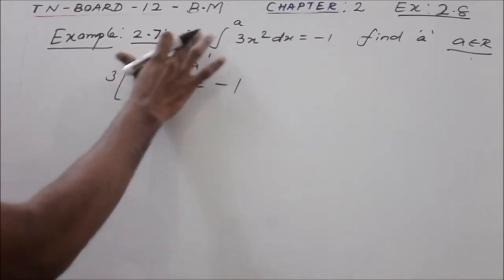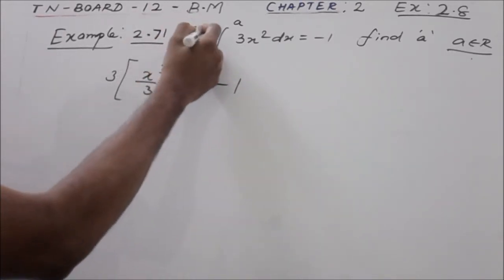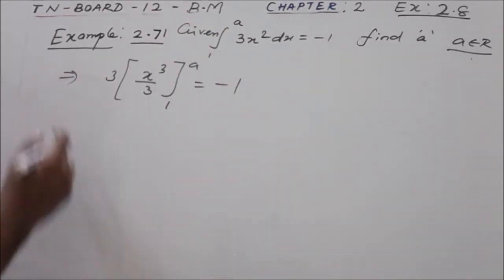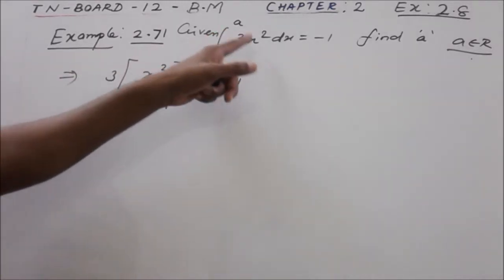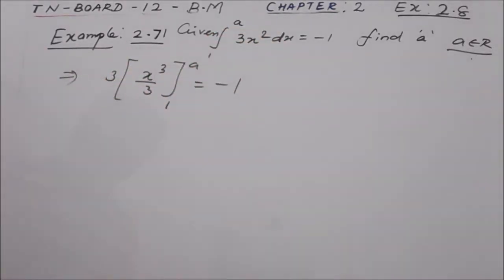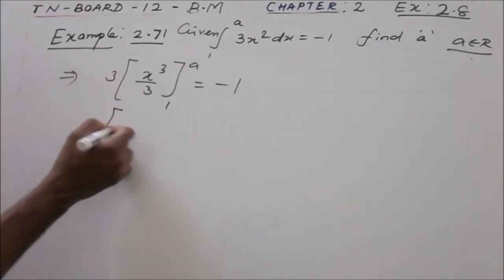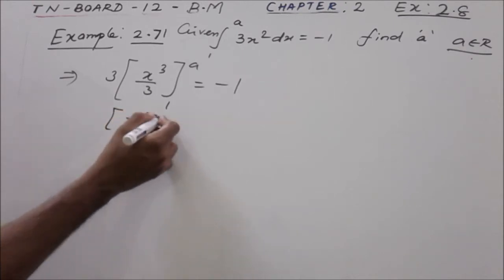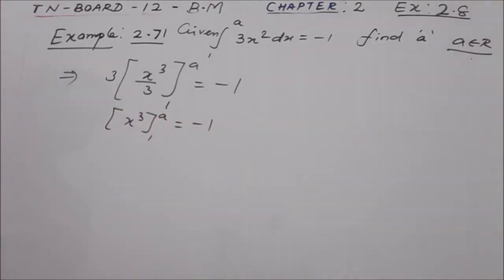This is taken as given, which implies 3 into the integral of x square dx is x cube by 3, from 1 to a equal to minus 1. Now we can cancel these 3. So x cube from 1 to a equal to minus 1.